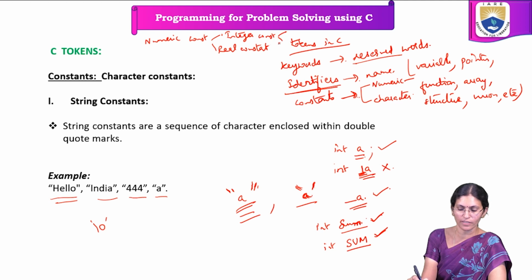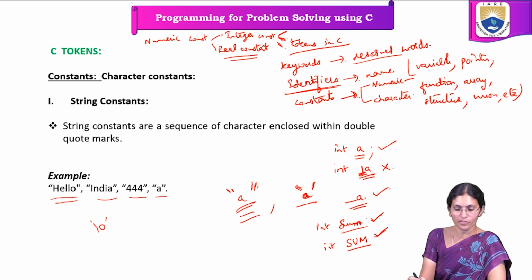Integer constants can be in decimal form, hexadecimal form or octal form. Then we have real constants, which are also called floating point constants.